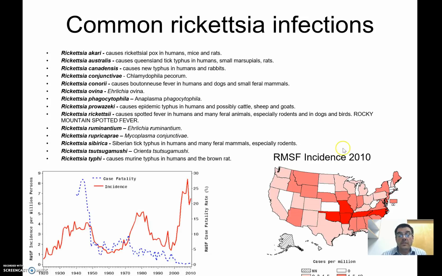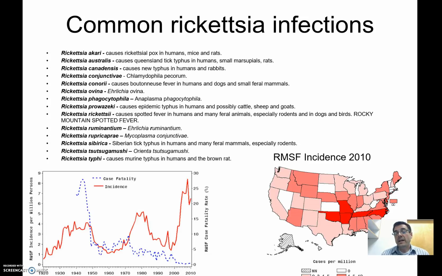You can see here also from this list that many of these rickettsial infections are not limited to humans. Many of them also are zoonotic in nature, and they have other animals that they are associated with. You can look here also at the incidence rate, and this is what's concerning when we talk about Rocky Mountain spotted fever, as well as with a number of these other rickettsial type infections, is that we've been seeing an increase in incidence.